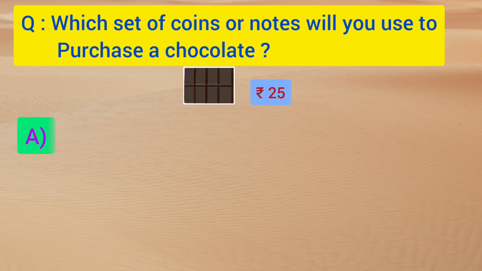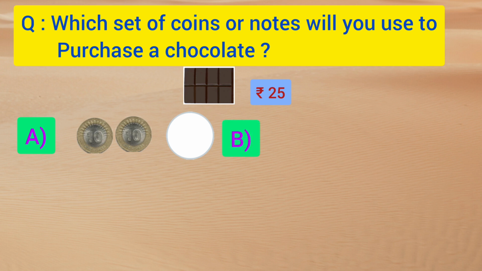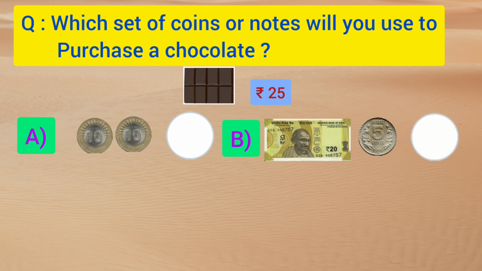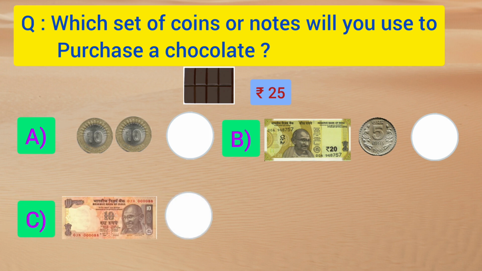In option A, we are given 2 coins of rupee 10, which combine to form the value rupee 20. In option B, we are given 1 note of rupee 20 and 1 coin of rupee 5, which combine to form value 25. In option C, we are given 1 note of rupee 10. So its value is rupee 10.